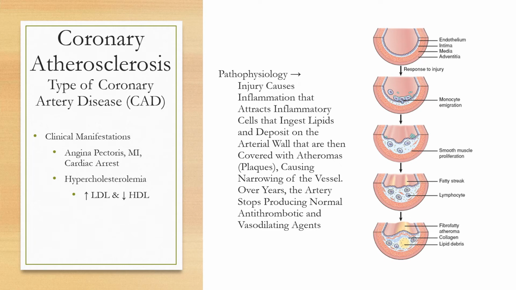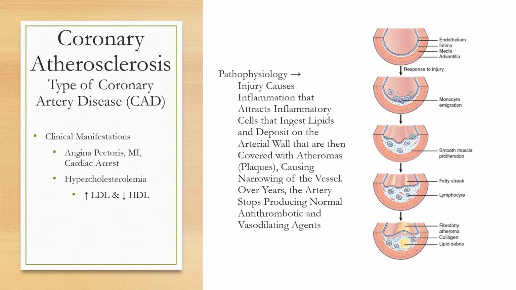And usually at the beginning, the plaques are minimal. They're what are called fatty streaks. Okay, and fatty streaks can be seen in teenagers and people in their early 20s, depending on whether they have hypertension, diabetes, their diet, exercise level. Any of those things will impact the arteries.